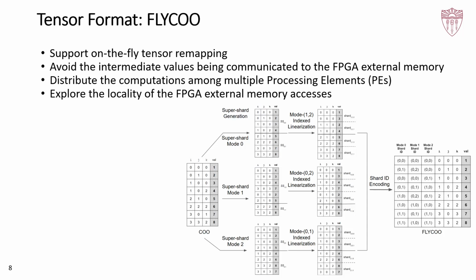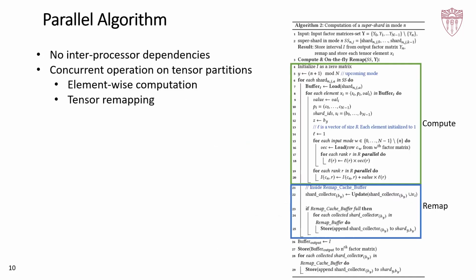It also supports distributing the computations among multiple processing elements without any locking mechanisms, so we can do the computation efficiently and also exploit the locality of FPGA external memory accesses.